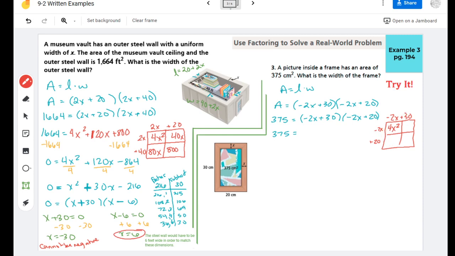Negative 2x times 30 is negative 60x. Negative 2x times 20 is negative 40x. And 20 times 30 is 600. So when I'm writing this box out, remember I'm collecting the like terms of the 40x and the 60x.